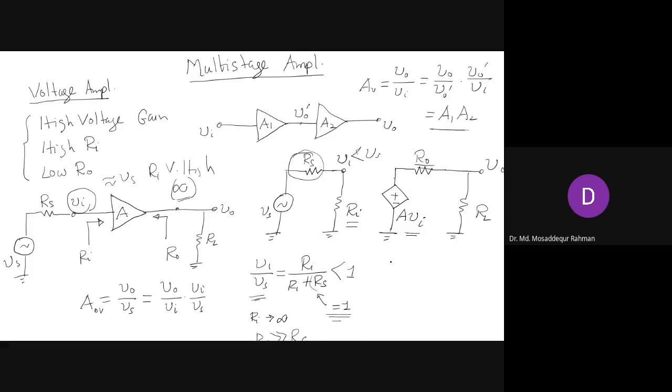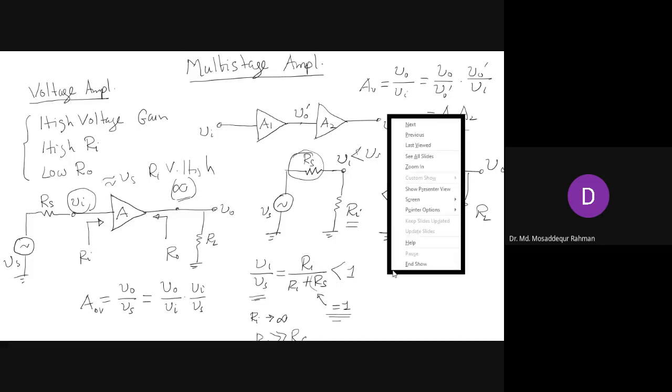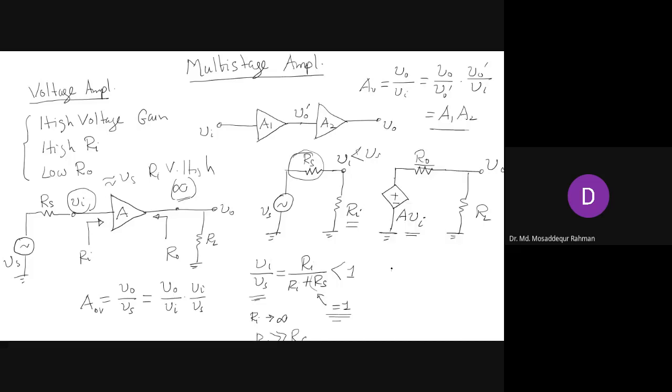Part of it will go to the load. How much will that be? V0 we can express again by applying the voltage division rule: A Vi is the source voltage here, times RL over the sum given by this.